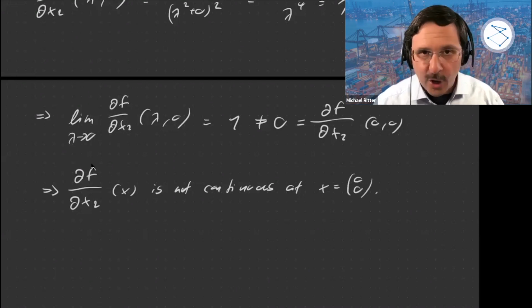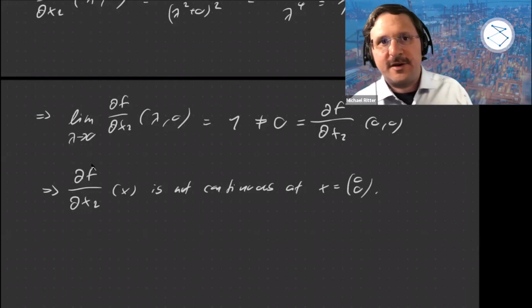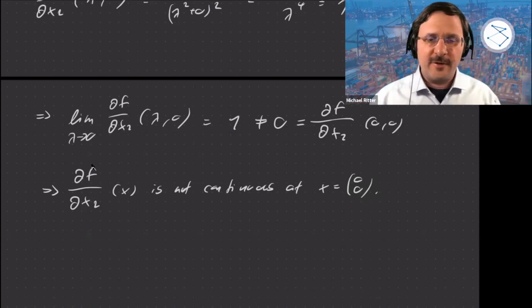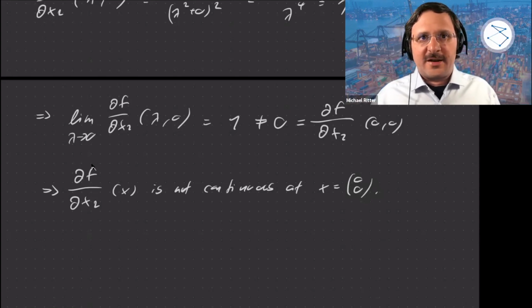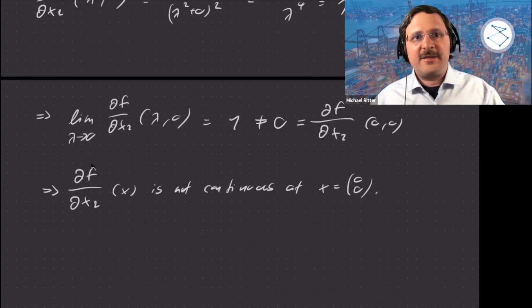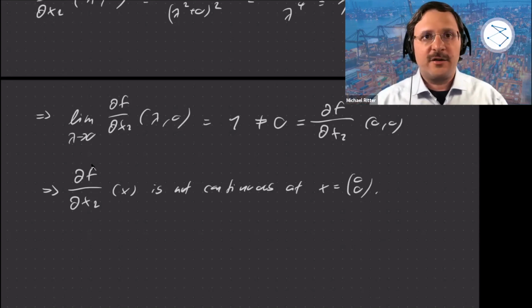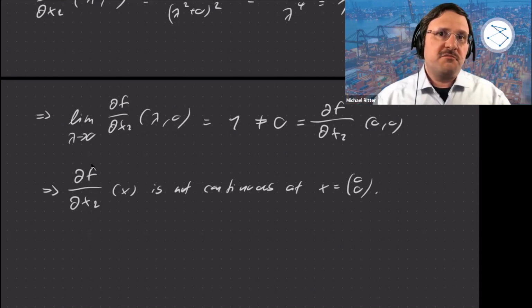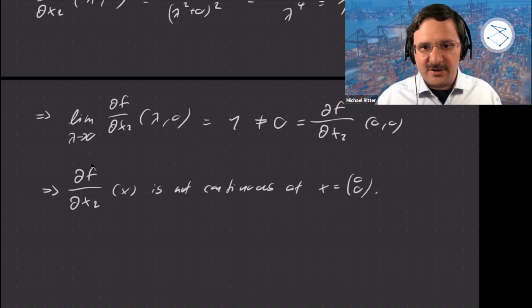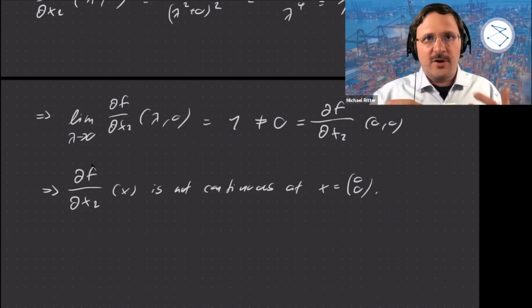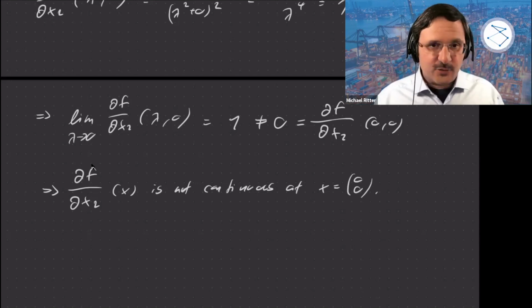And remember, for non-continuity, it's sufficient to find one line or one curve or one sequence in general, such that the function evaluated along that line is not continuous. It doesn't matter whether it may be continuous along other lines. We need every possible path towards 0, and there's one path where the function is obviously non-continuous.